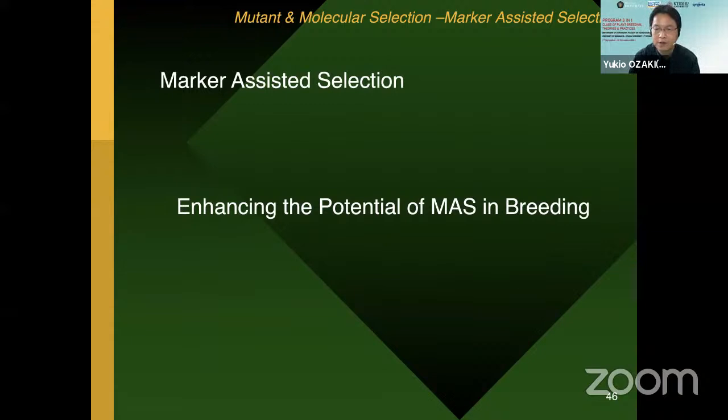Some of the suggested approaches to achieving higher success with marker-assisted selection include developing cost-effective and efficient marker systems by optimizing the methods entailed in marker-assisted selection, such as DNA extraction and genotyping of markers.